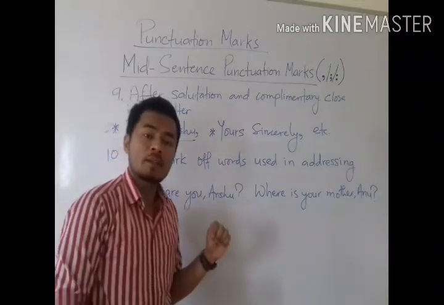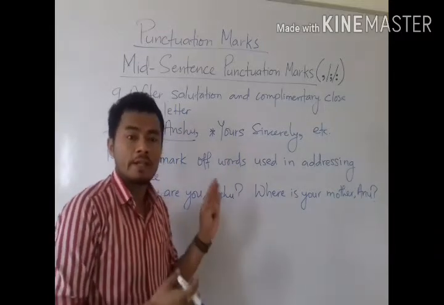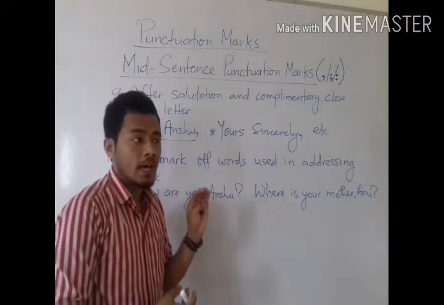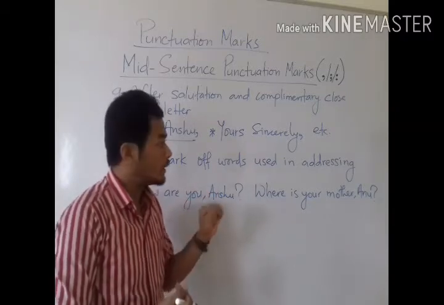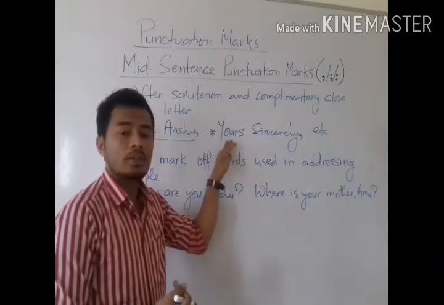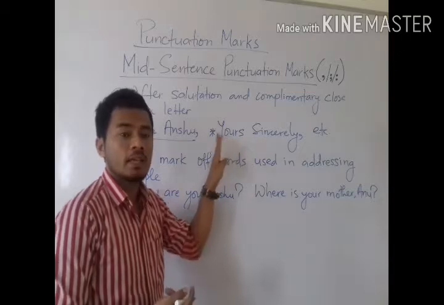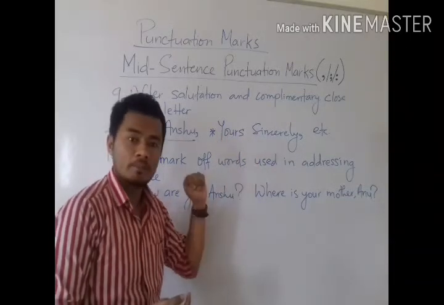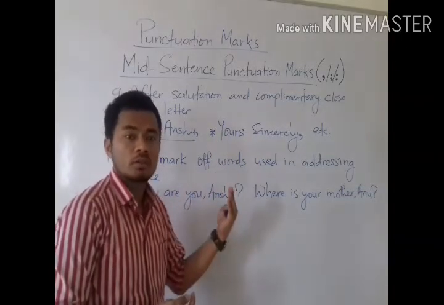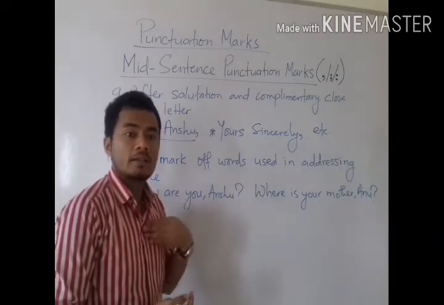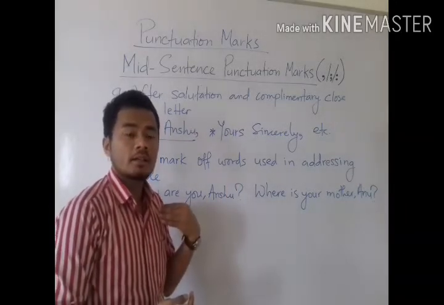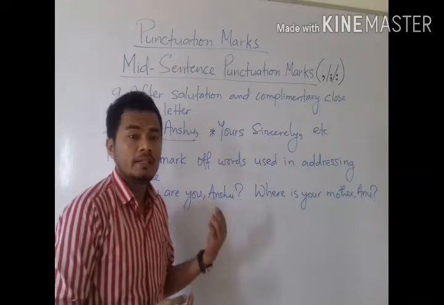And after the complimentary clause also, after finally we write the letter. Before closing the letter, we write a complimentary clause like yours faithfully, comma. So complimentary clause comes before writing the name of the writer, one who is writing the letter.